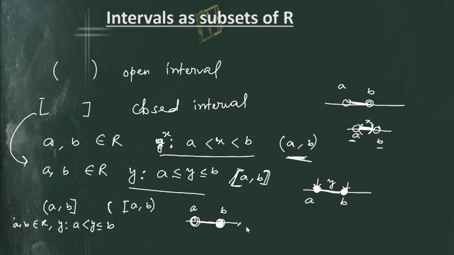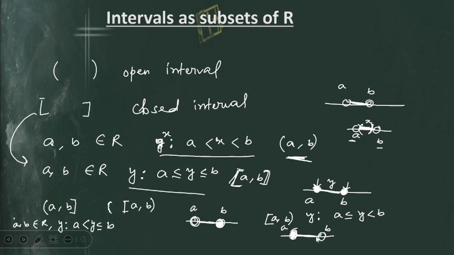Clear? Now if I write a closed at a and open at b in set builder form, we write y such that a less than or equal to y less than b. So point a is included but point b is not included. On a real number line, this is a and this is b. Since a is included we will darken it, and we will not darken b because it is open.